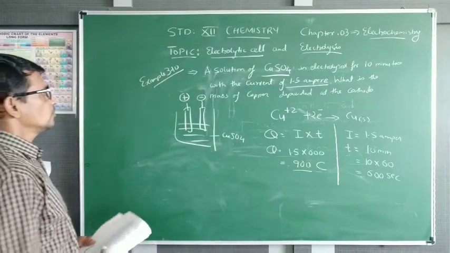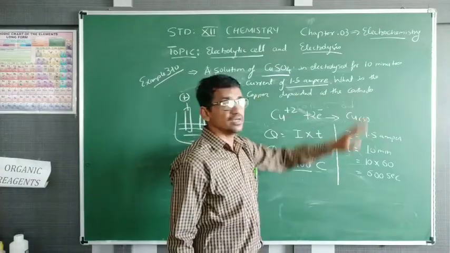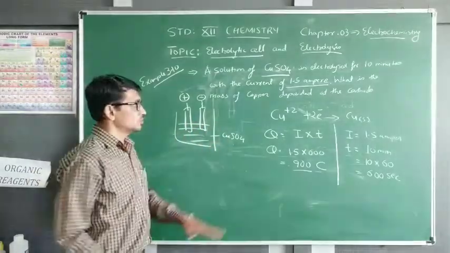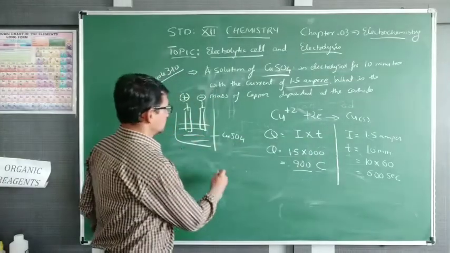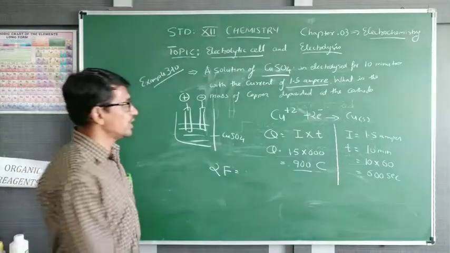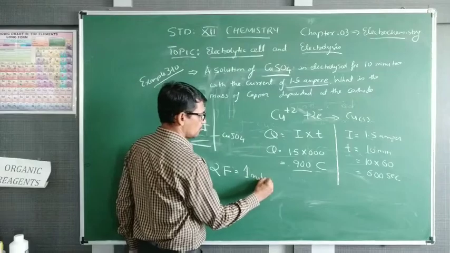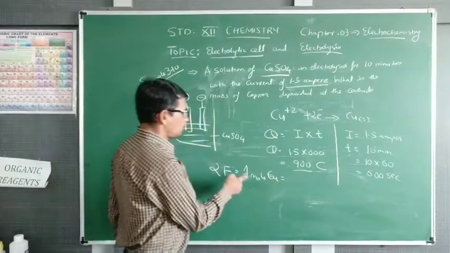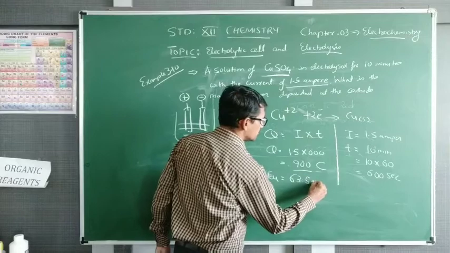Now we compare how many grams of copper deposit at the electrode, means cathode. We want to find how many grams. So see the stoichiometry first. Here it is 2 electrons, which means 2 Faraday. If 2 Faraday of current is passed, then 1 mole of copper is deposited, and 1 mole of copper is equal to its atomic weight, 63.5 gram.